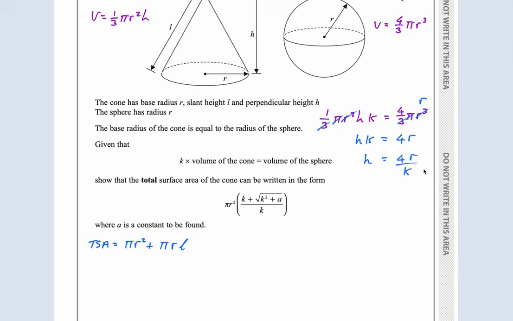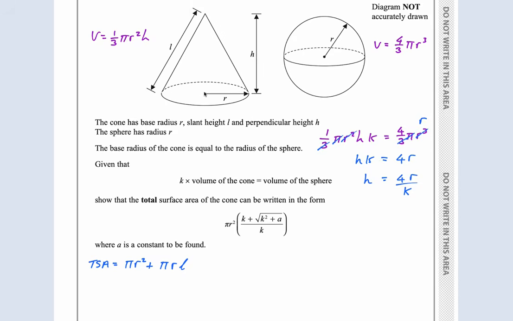Okay, so now I have h in terms of r and k. Great, so I can sub this into this formula, but there is no h in this formula, there's just an L. But nicely, I can figure out there's a relationship between r and L and h. If this is r and this is h and this is L, this is a right angle triangle.